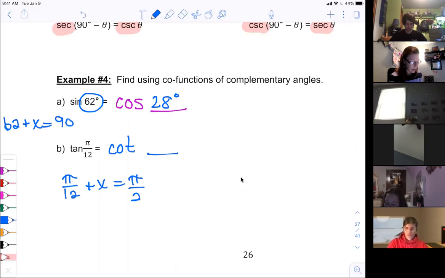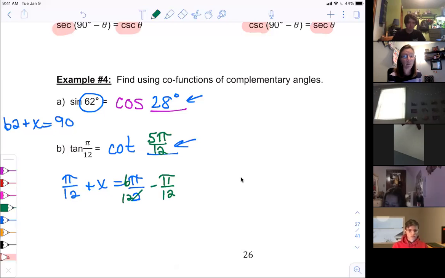That's how you get the angle that it would be co-functions with. So I would subtract pi over 12. This has to become a 12, so I need to multiply the top by 6. So 5 pi over 12 is complementary with pi over 12. So the tangent of pi over 12 and the cotangent of 5 pi over 12 are co-functions.